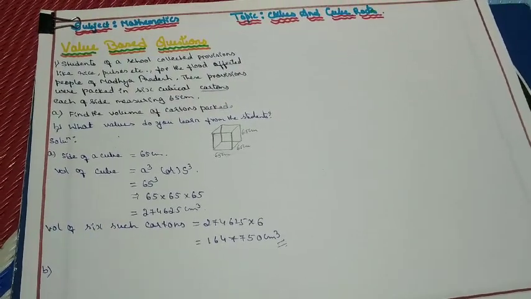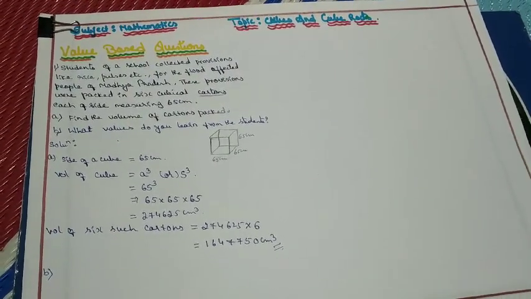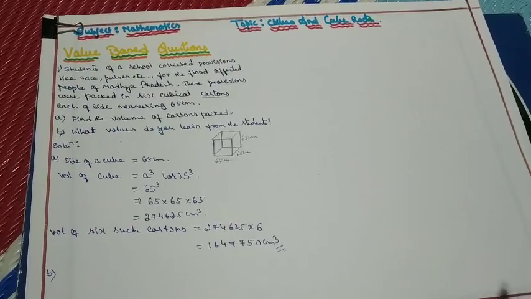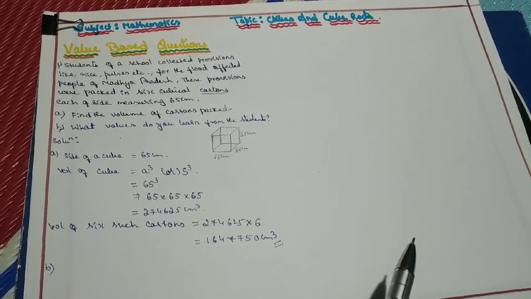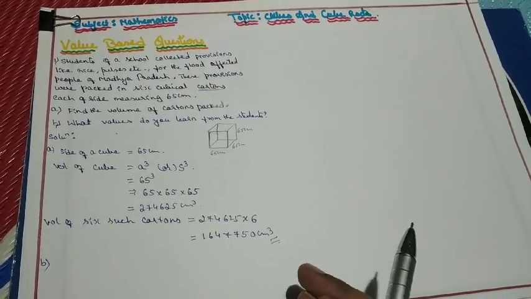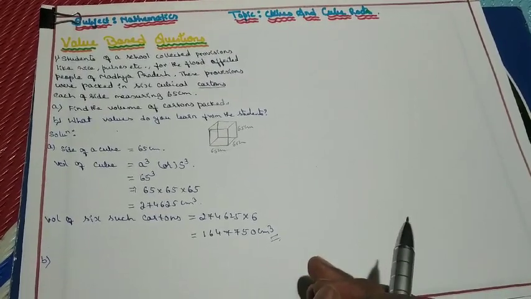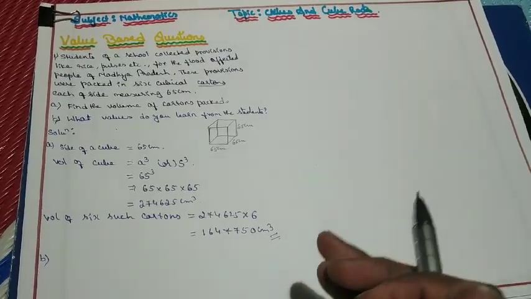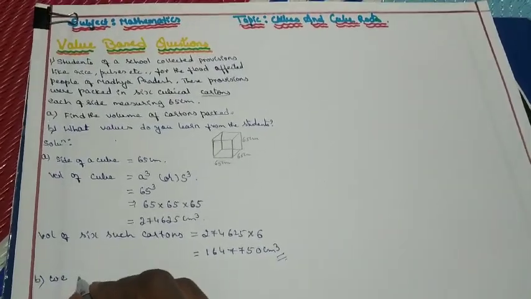What is second question asked is what values do you learn from the students? So we can write helping nature, caring or sympathy, cooperation and responsibility from the student side. So we can write that answer.